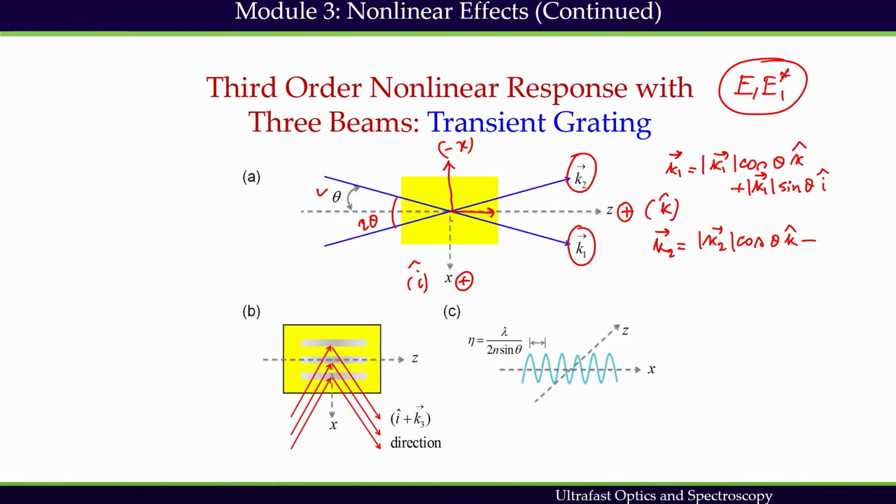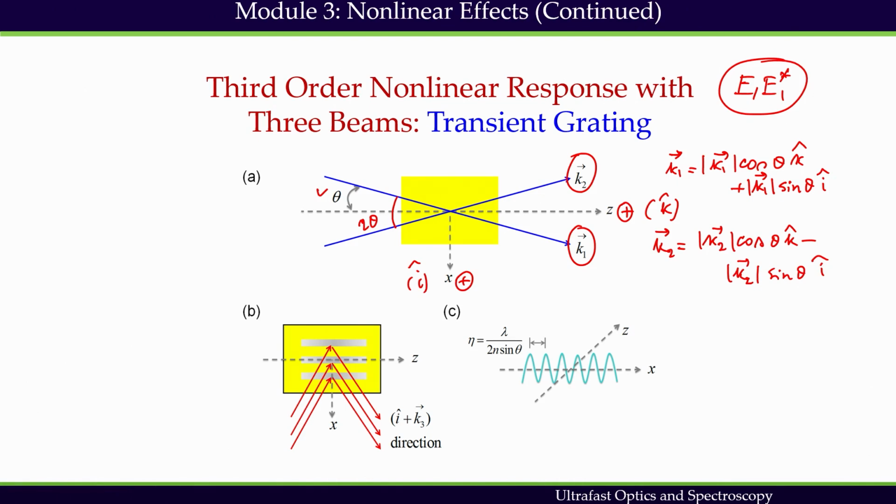For K1 we decomposed along this and this direction, that's why we are getting a minus sign for K2. We can write this minus K2 magnitude sin theta i. This is an expression which we get immediately if we decompose these two vectors K1 and K2 along the z and x axis.